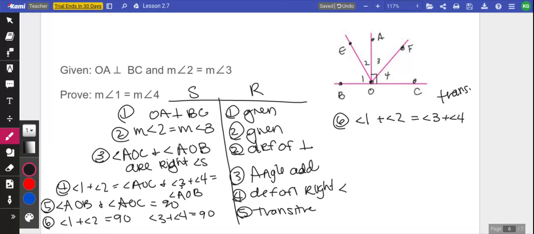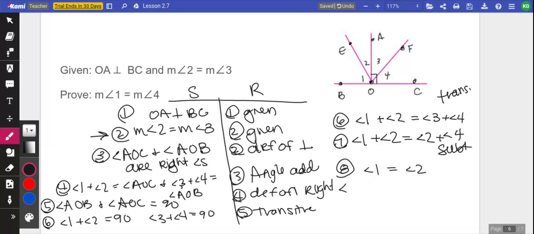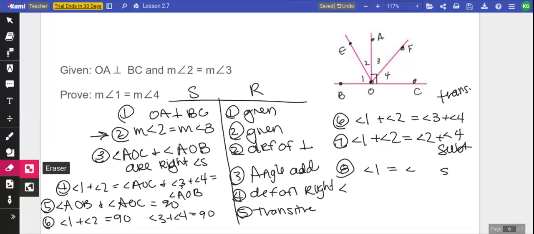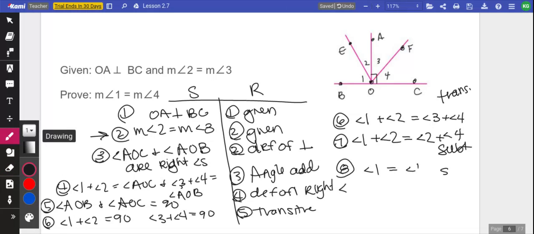And we know that from step 2, angle 2 and angle 3 are equal. So I could replace angle 3 with angle 2 because of substitution. Then I could subtract away the angle 2's because of subtraction. Angle 1 equals angle 4, which is what I was trying to prove.